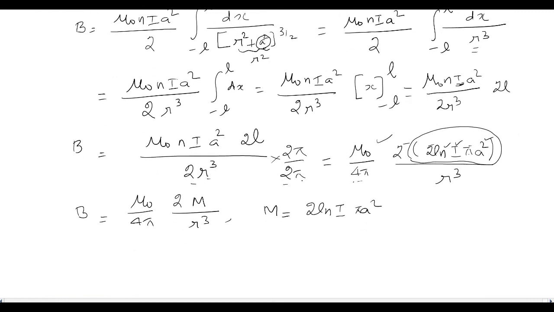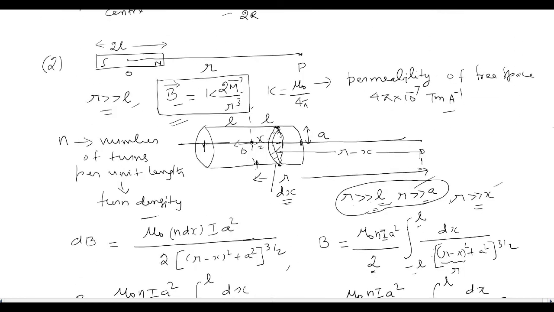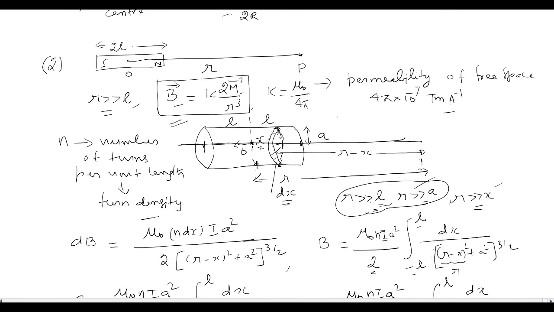Okay. Now this can be taken to be the magnetic moment of the solenoid. So this is total number of turns. So total magnetic moment of the solenoid will be N I A, N total number of turns. Moreover, you see here, this is the solenoid which we are going to consider. It is finite length.